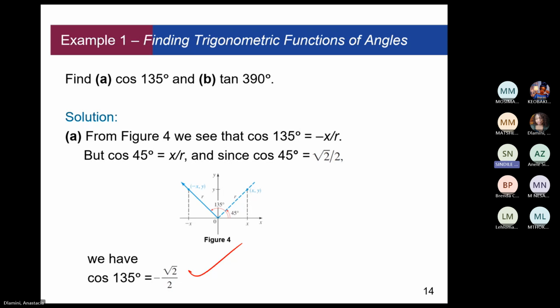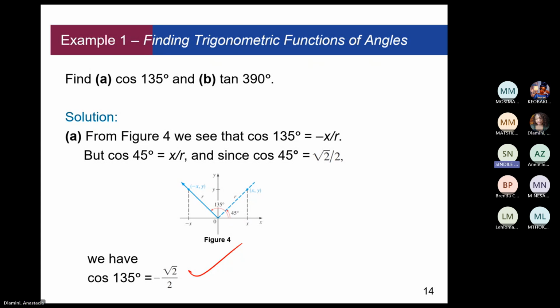Tan 390, the reference angle for tan 390 is 30 degrees because you rotate once, one revolution, and then you go again for 30 degrees. So tan 390 has reference angle tan 30, which is sine theta over cos theta.